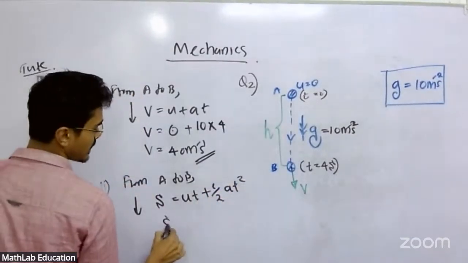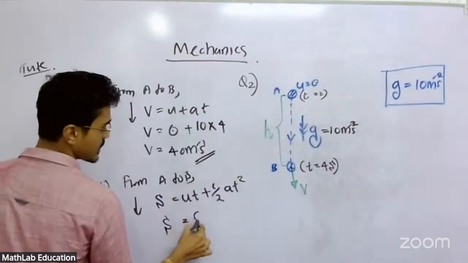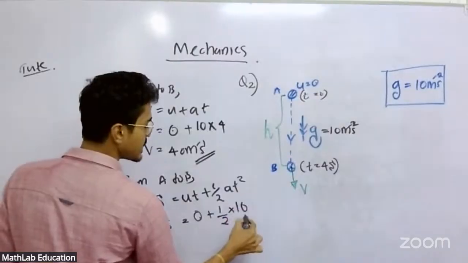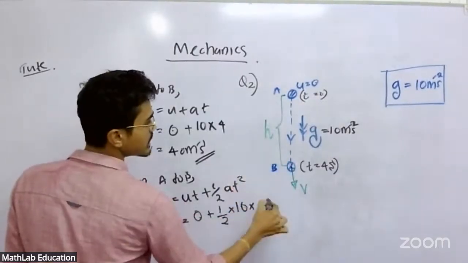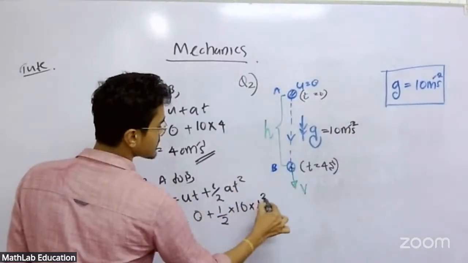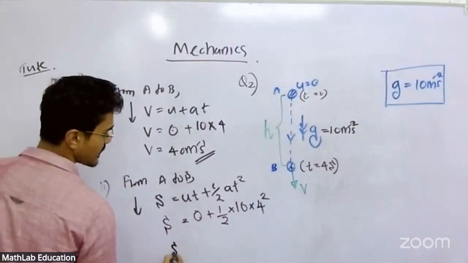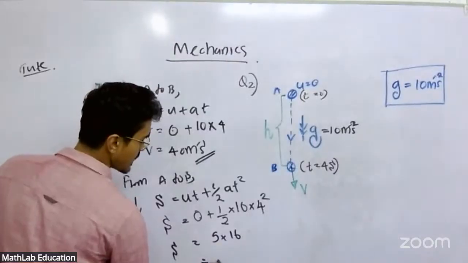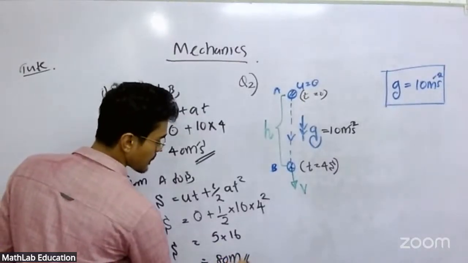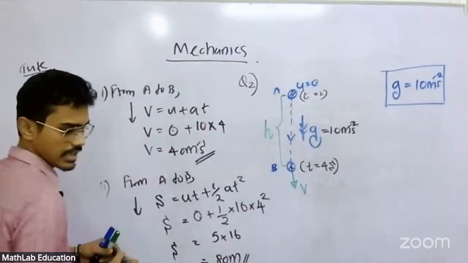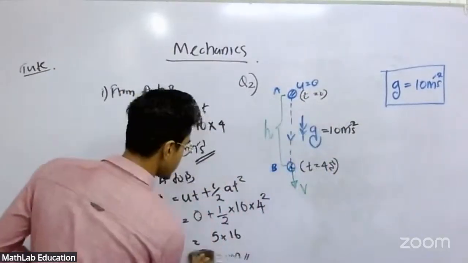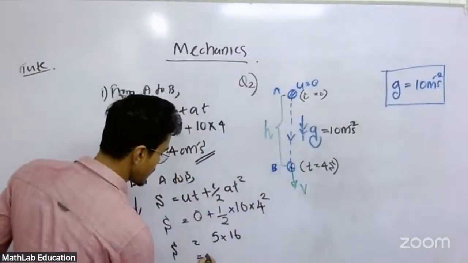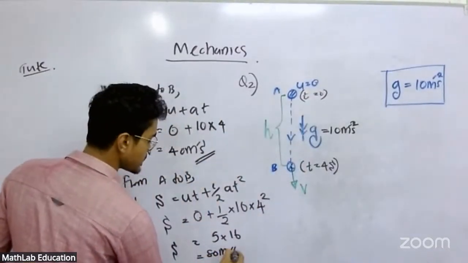You can apply any other equation as well. u is 0, half a is g over 2, that is 5, and t squared is 4 squared, 16. Simplify this: s = 5 times 16, that is 80 meters.